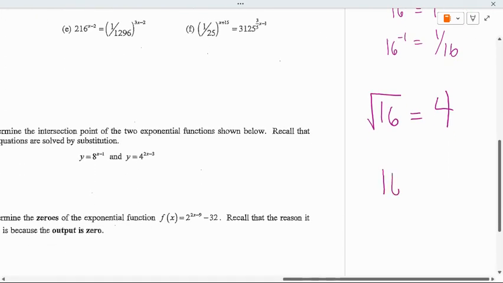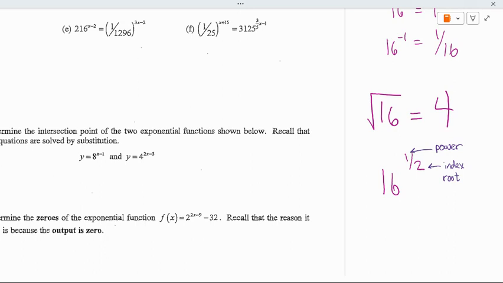You learned that a rational exponent, when you have a rational exponent, that means a fraction. You learned that the top number represents the power, and the bottom number represents, we call it the index or the root. So this is just saying 16 to the 1/2 is the same thing as saying the square root of 16 to the first power.